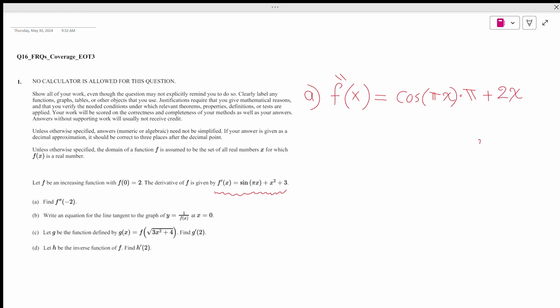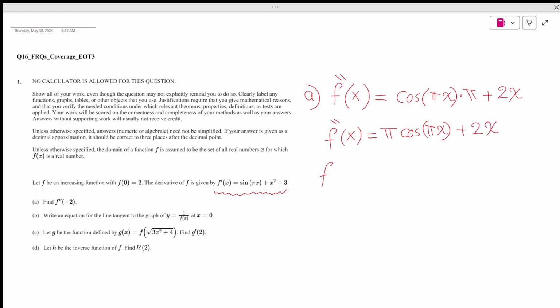Let's just rewrite it. So f double prime of x is equal to pi cos of pi x plus 2x.